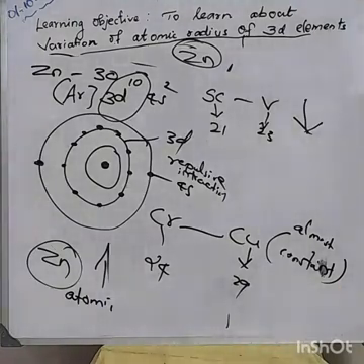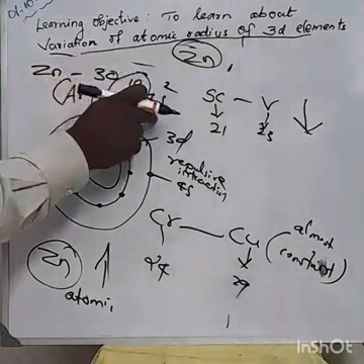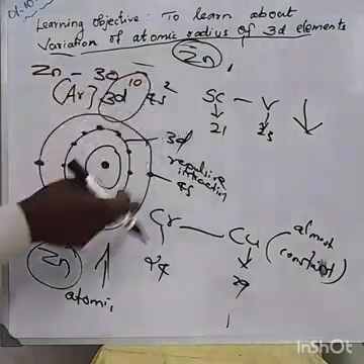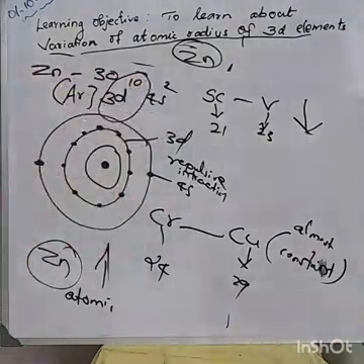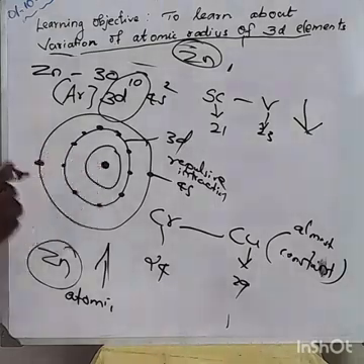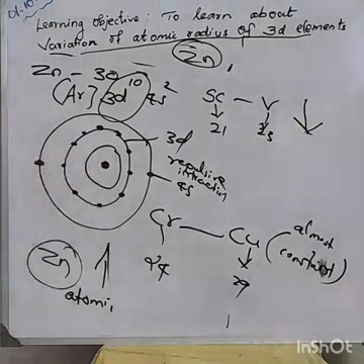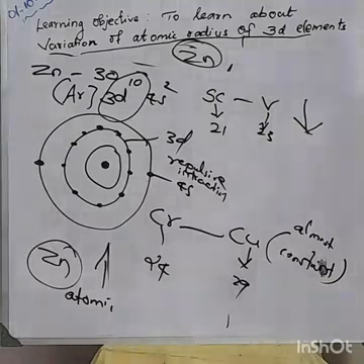In the case of zinc, don't forget that the d subshell contains 10 electrons. Here there is repulsive interaction between 3d and 4s, more than the effective nuclear charge. Hence the orbital slightly expands and the atomic size is increased. This is about the variation of atomic radius of 3d elements.